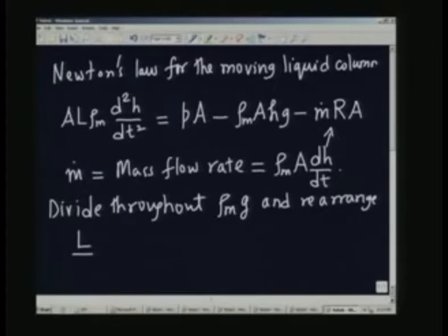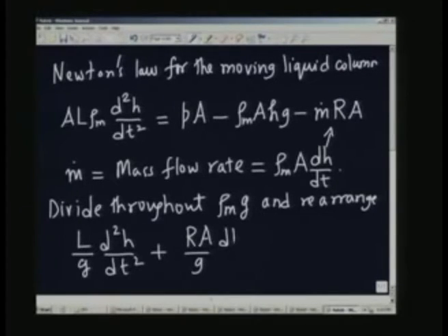I will get L by G d squared h by dt squared plus R A by G dh by dt.